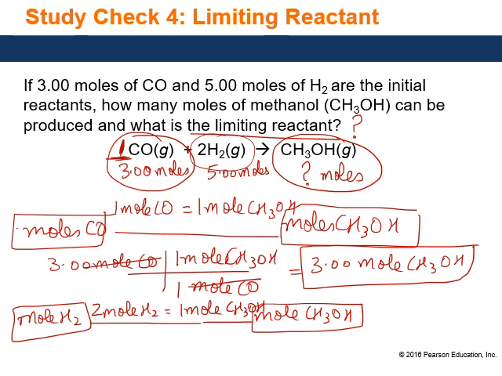So I'll start with this, which is 5.00 moles of this, multiply it with a factor, mole of hydrogen here, moles of hydrogen, multiply it with this, mole of hydrogen goes in the bottom.